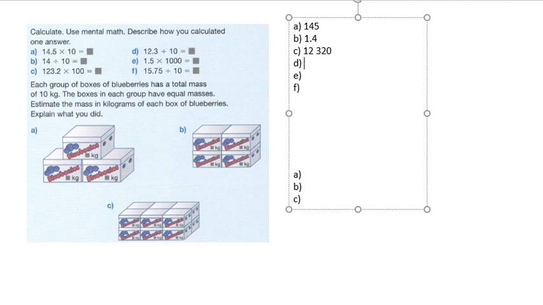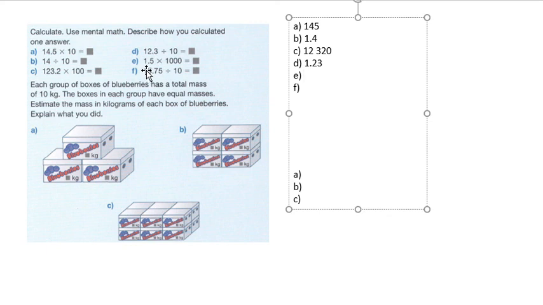And as we move along, our 12.3, we're dividing it by 10, so that becomes 1.23. Our letter E, 1.5 times 1,000, we're moving all the digits over to the left by 3 columns.